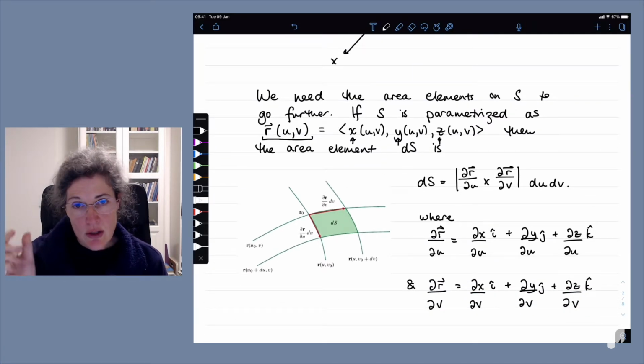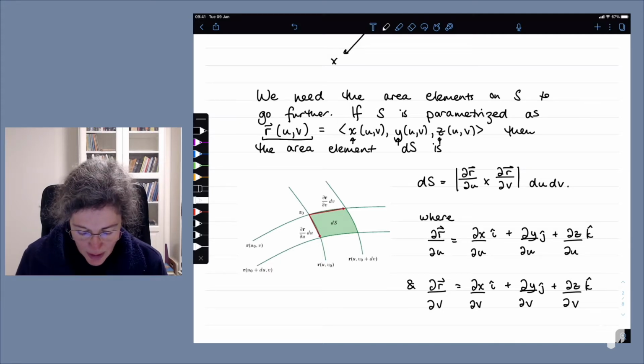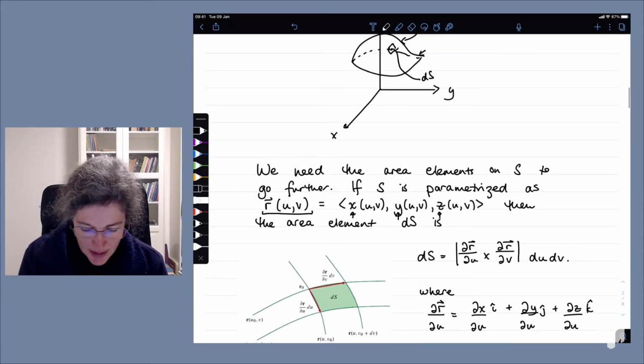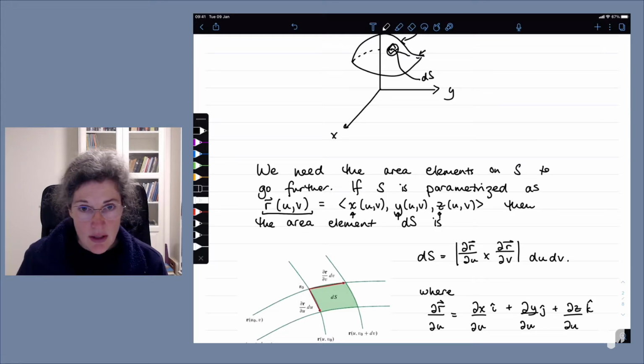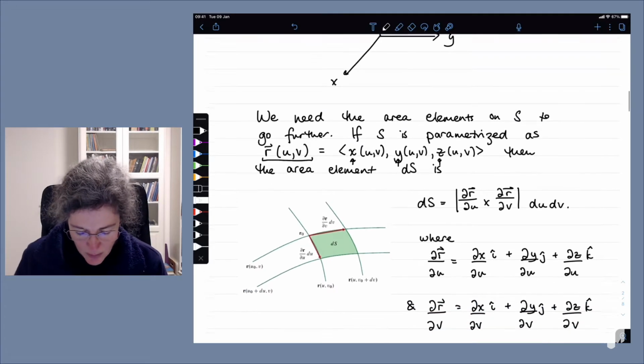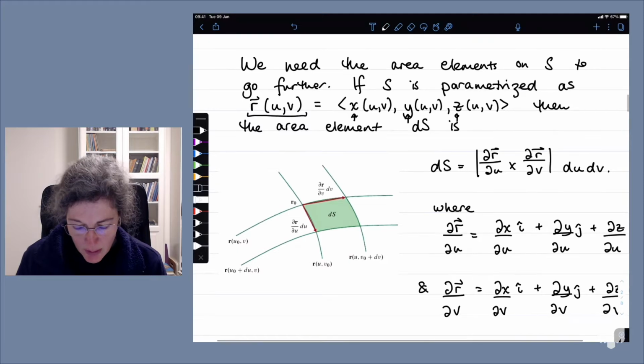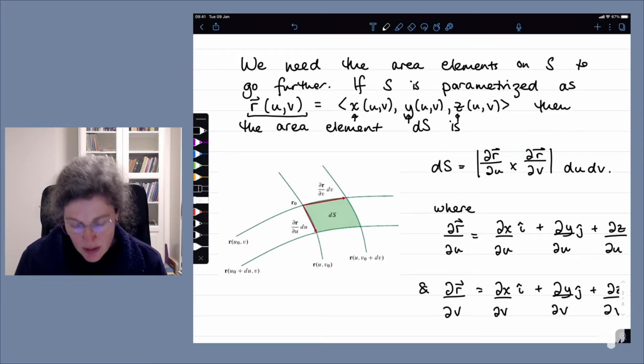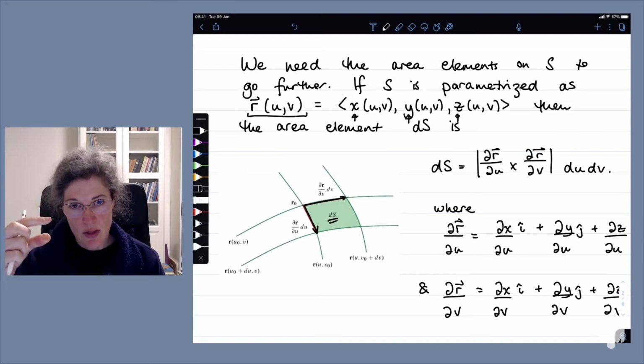Then it turns out, and you can go and check the notes because we talked about this a little bit more, that if you want to work out what your little area element is, if we look at it a little bit closer with our parameterized version, our little area element, which we're calling dS, is given by the magnitude of the cross product of the two little tangent vectors that we can construct based on our parameterization.